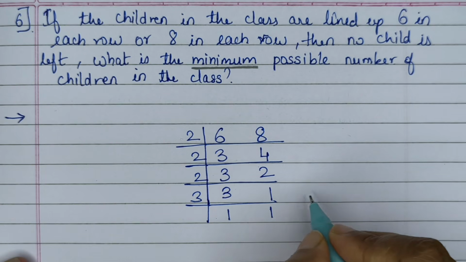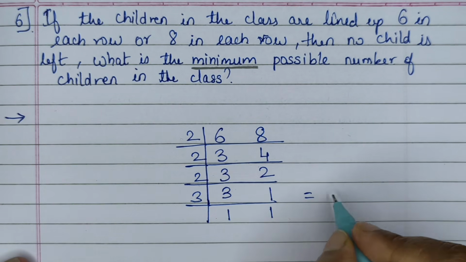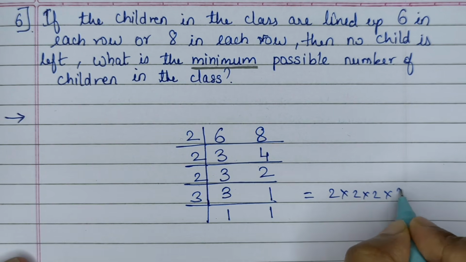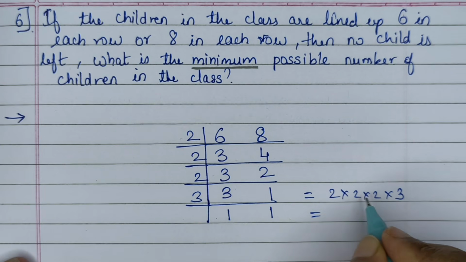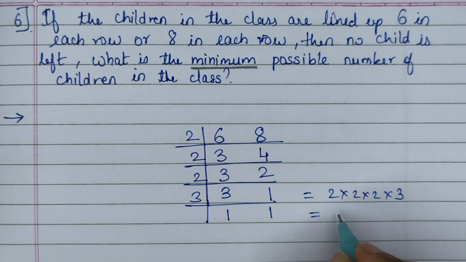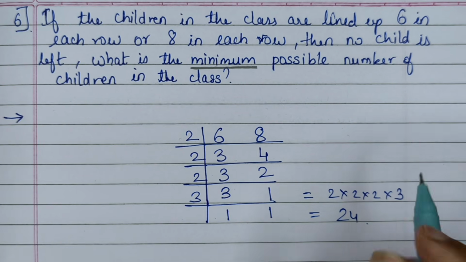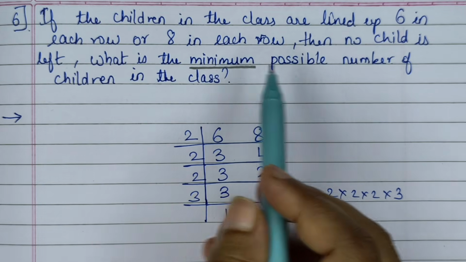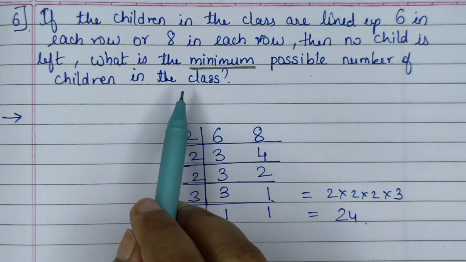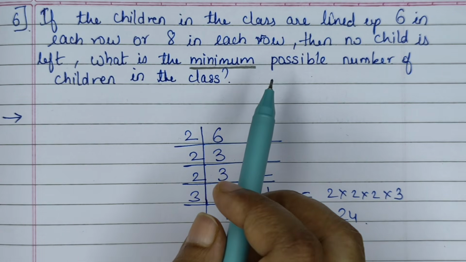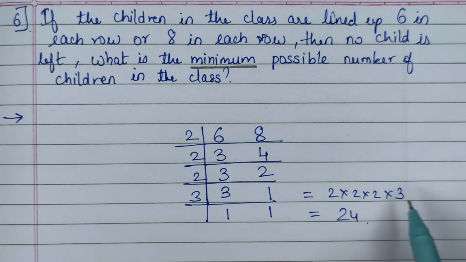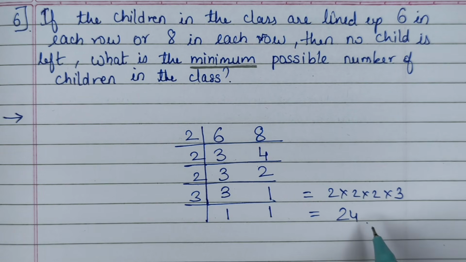Understood here? So 2 into 2 into 2 into 3. 2 2s are 4. 4 2s are 8. 8 3s are 24. So what is the question? What is the minimum possible number of children in the class? So the minimum possible number of children in the class is 24.